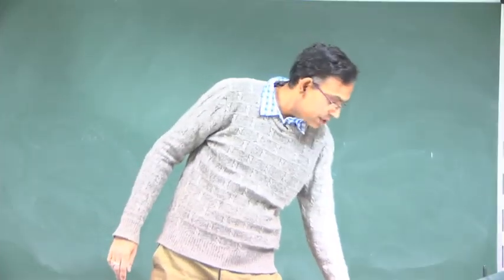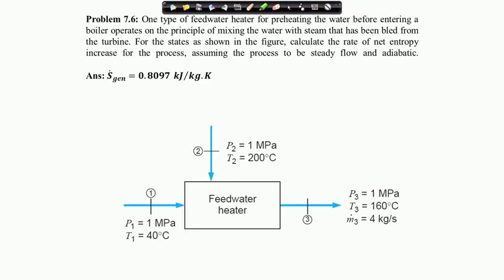Problem 7.6. One type of feed water heater for preheating the water before entering the boiler is based on the principle of mixing of the water with steam that has been bled from the turbine.